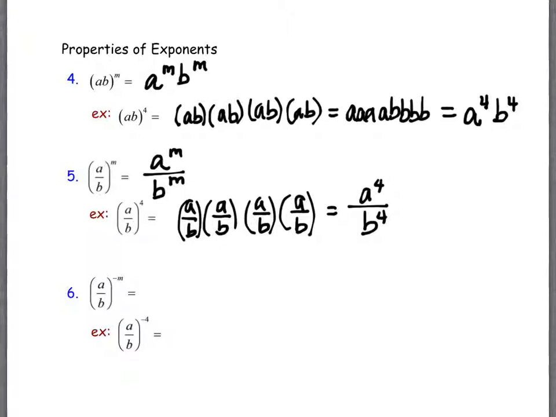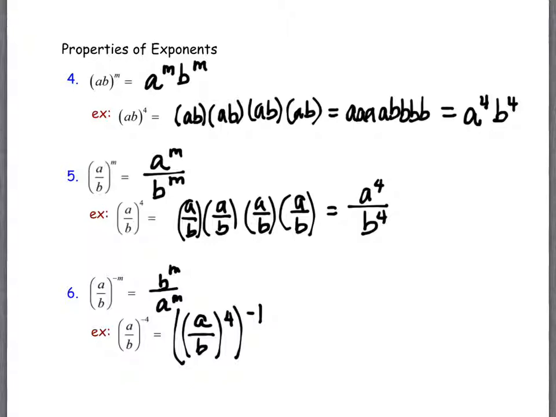All right, the last one on this slide says that this one should become b to the m over a to the m. We're going to write this out a little bit like I did on the slide where I told you it was the truth. We're going to write the negative 4 out as 4 times negative 1.